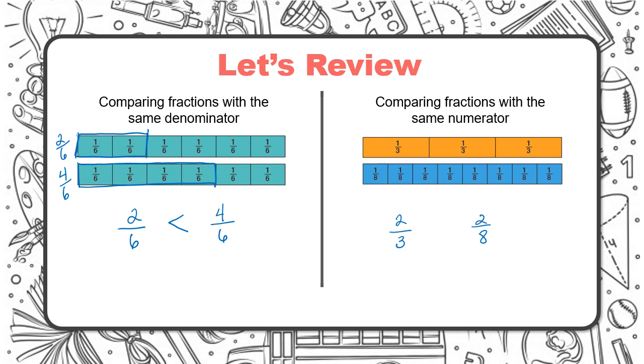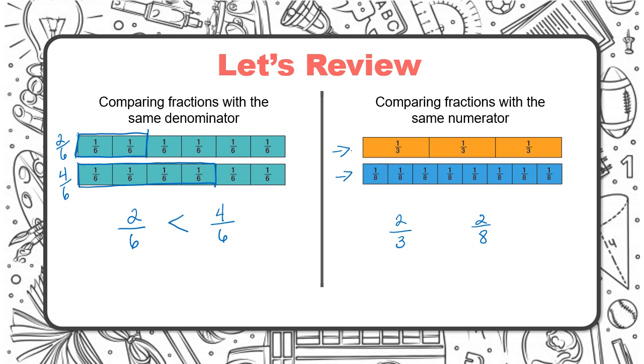What do we know about the parts in thirds compared to the parts in eighths? Take a look at their size. Well, I can see that when my denominator is smaller, like thirds, my parts are greater.